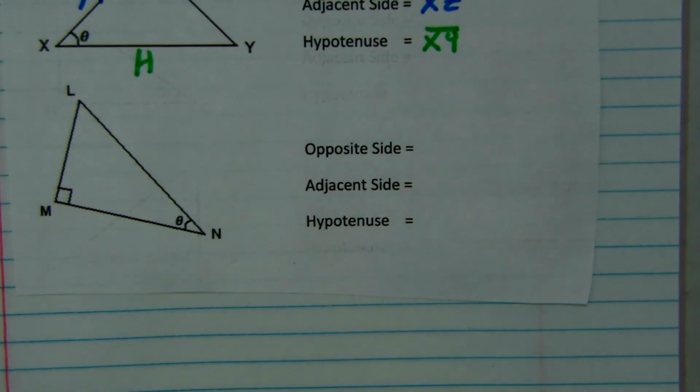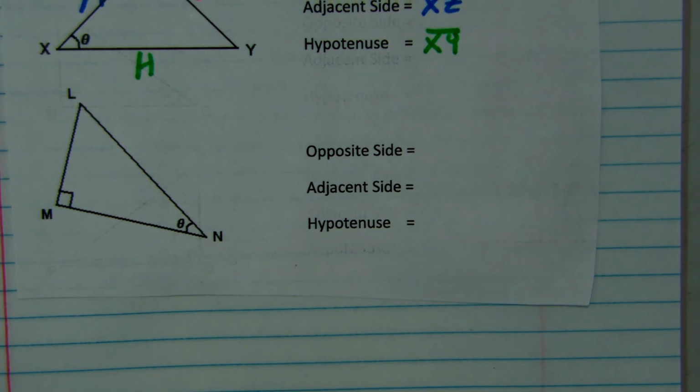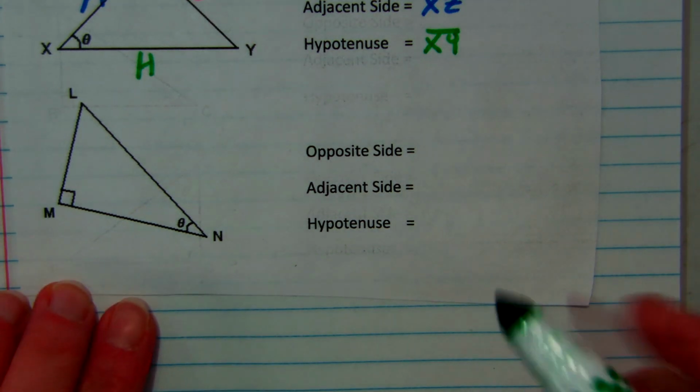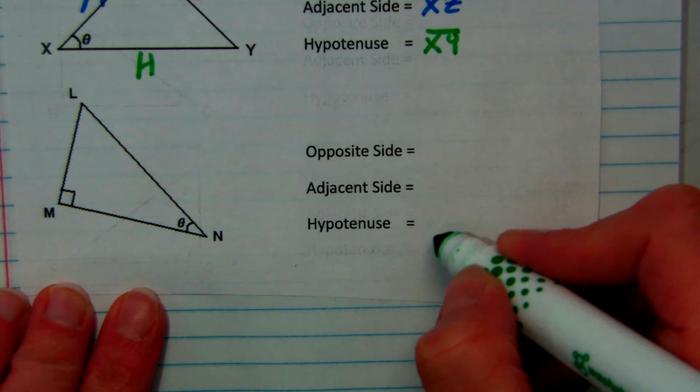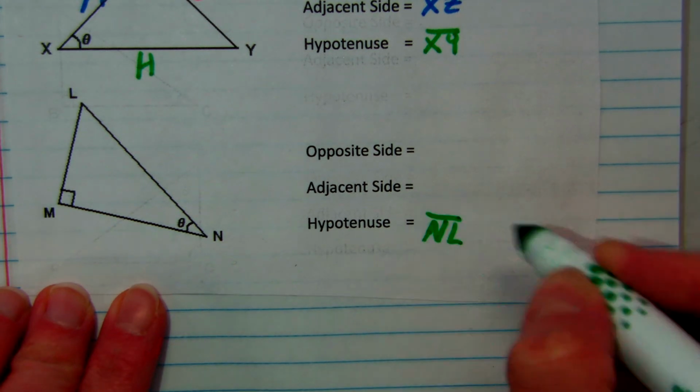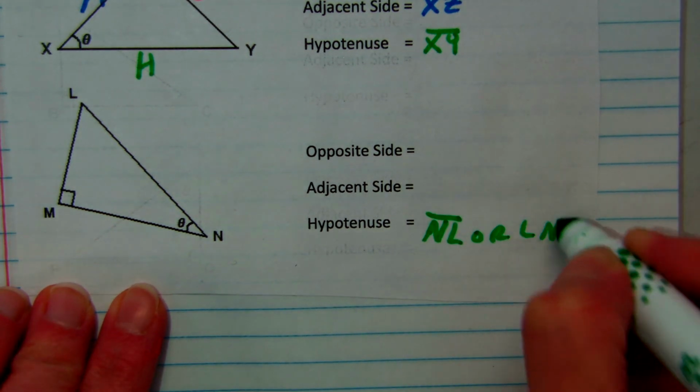Okay, so one more that we'll do together, and then we'll do one on your own. It should be easy. I wanted to start with baby steps. This is the first thing you have to understand if you're going to do trig. Okay, so on the next one, what's my hypotenuse? Between N and L. Good job. So you could call it NL, or you can call it LN. Both are correct.